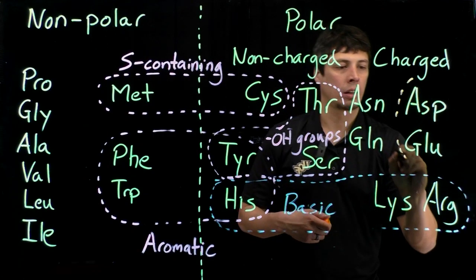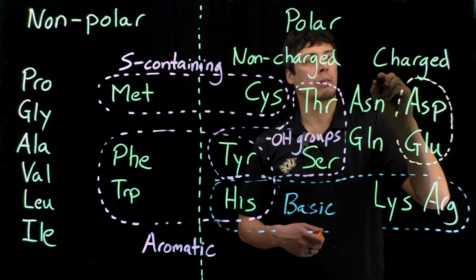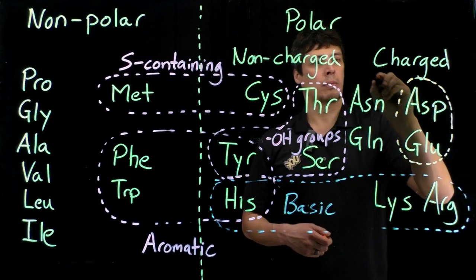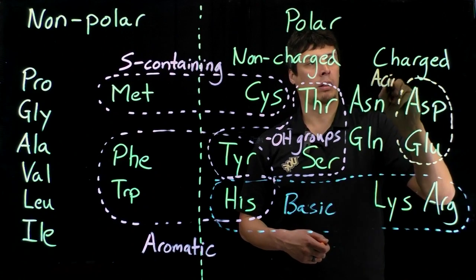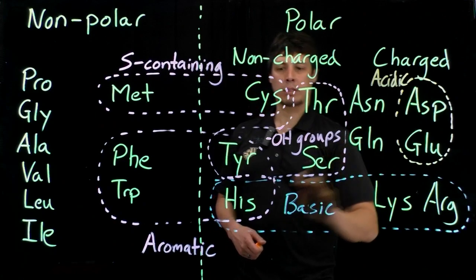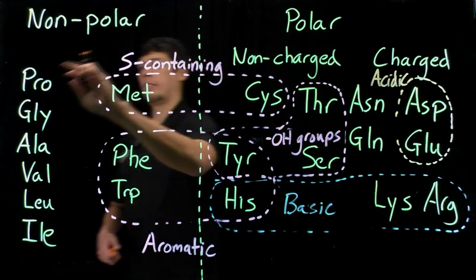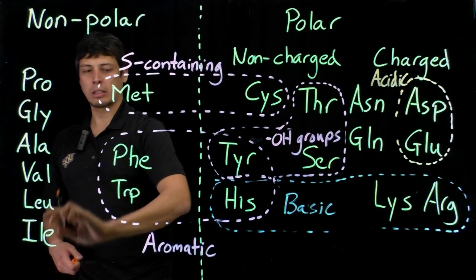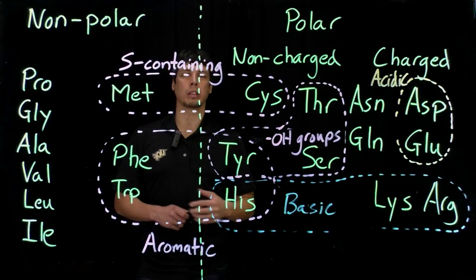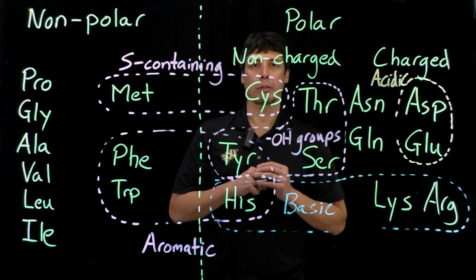And these are, of course, then acidic. And so we have 1, 2, 3, 4, 5, 6, 7, 8, 9, 10, 11, 12, 13, 14, 15, 16, 17, 18, 19, 20 amino acids. So those are the 20 canonical amino acids that we'll be talking about for most of the course.